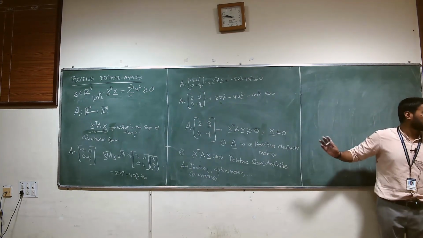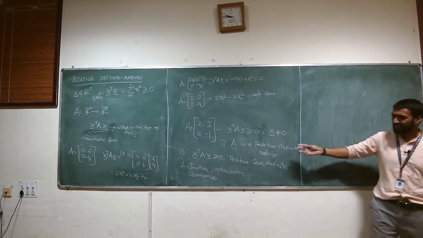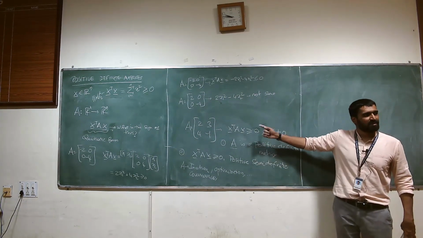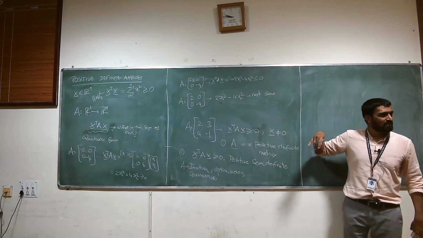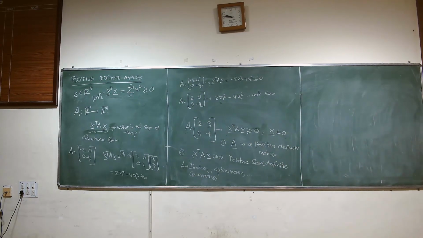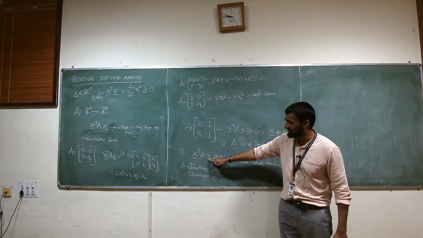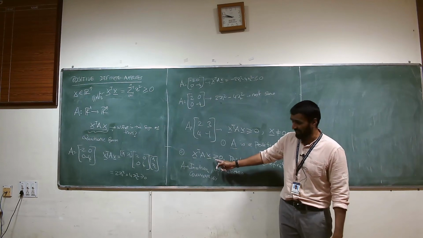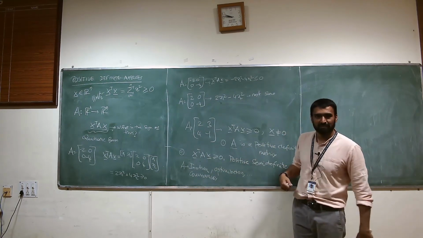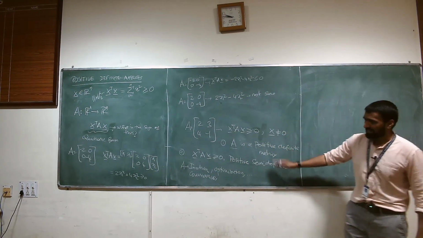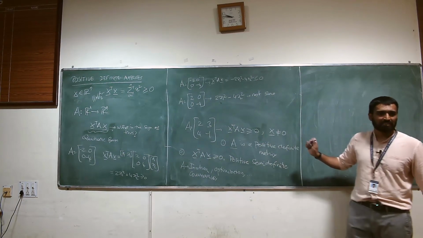If all of them are negative, then it's negative definite. But if you have both positive and negative values, then you don't know. If you have a matrix where for some values of x it's positive and for some values of x it's negative, then of course none of these applies. So this is not exclusive. You can have matrices that are neither of these.